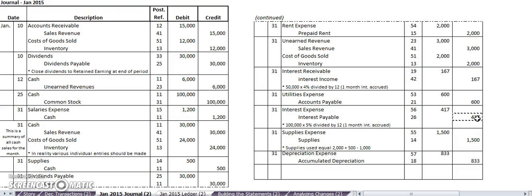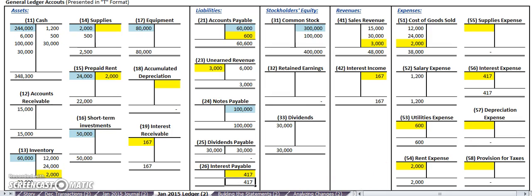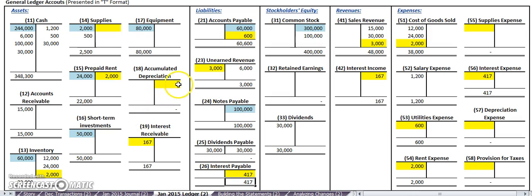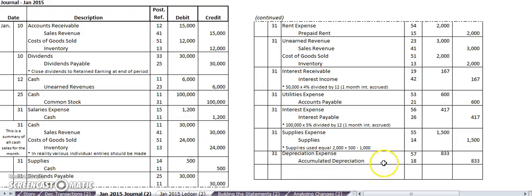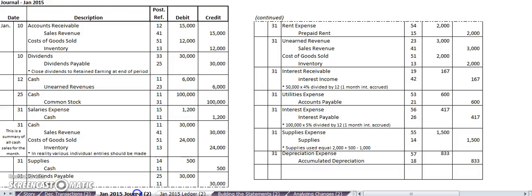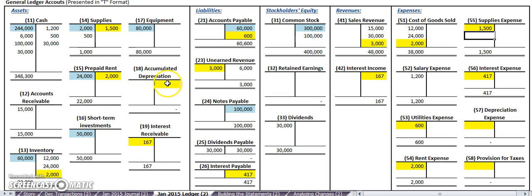Okay, I'm trying to do this as fast as possible to fit it into this video. Supplies expense and supplies. Okay, so supplies we know went down, and I believe it was 1,500, right? And we are going to recognize that as supplies expense for the period, 1,500. And then we're going to book the depreciation expense.